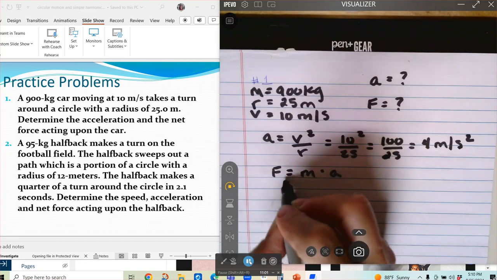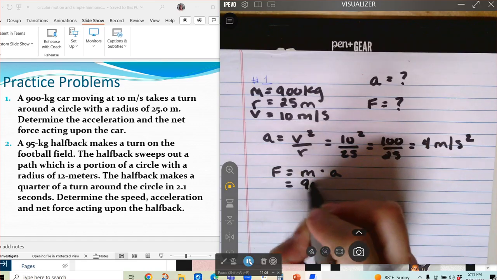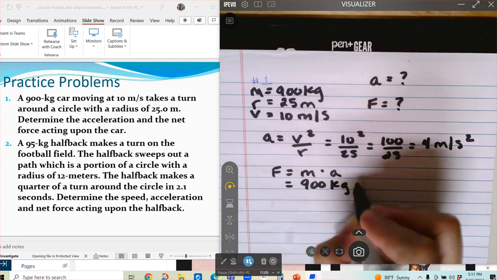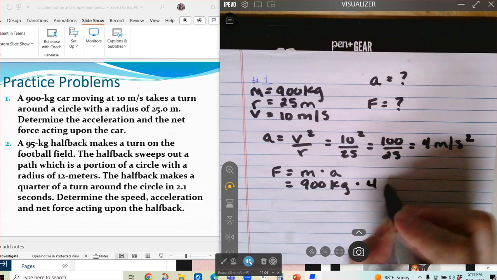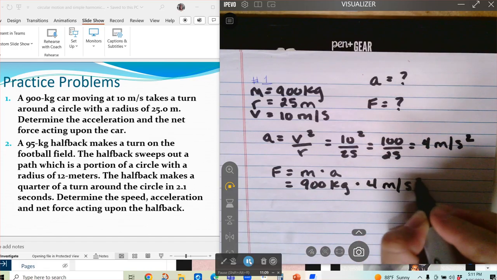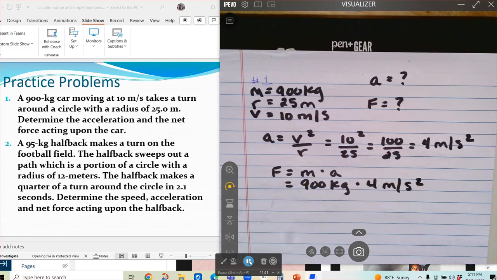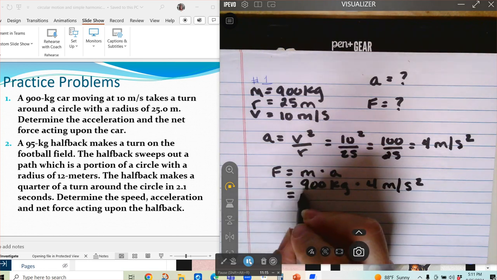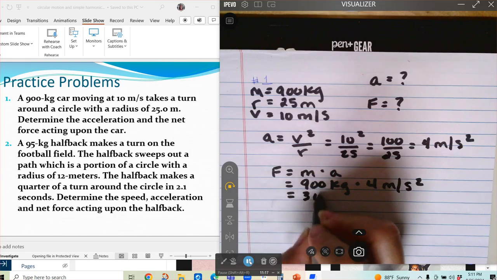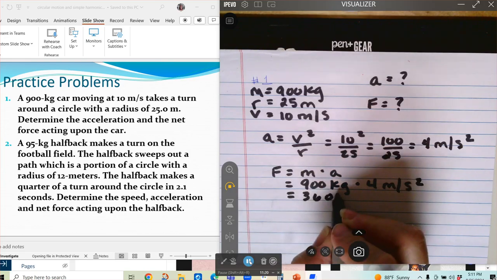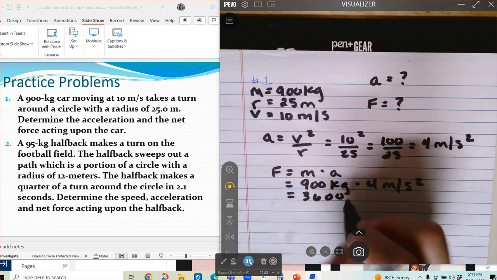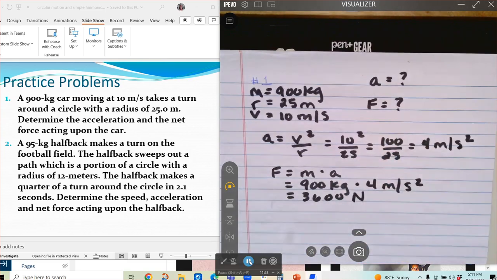So my mass is 900 kilograms, and my acceleration is 4 meters per second squared. When I multiply those, I get 3,600 newtons. Okay, so that's my force, 3,600 newtons.